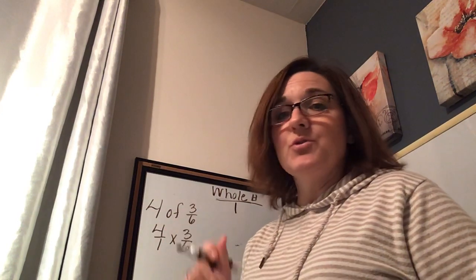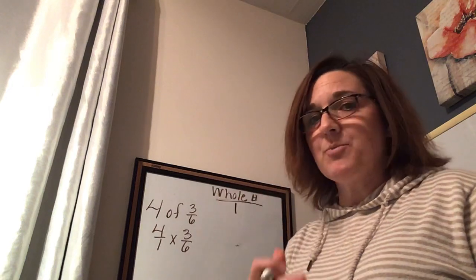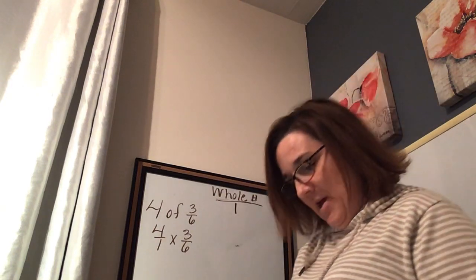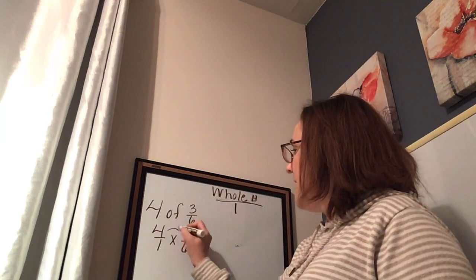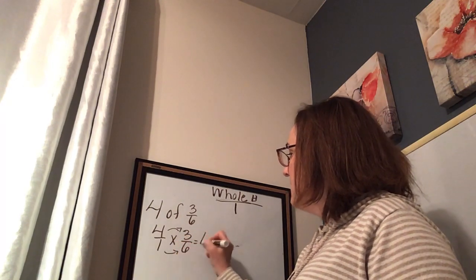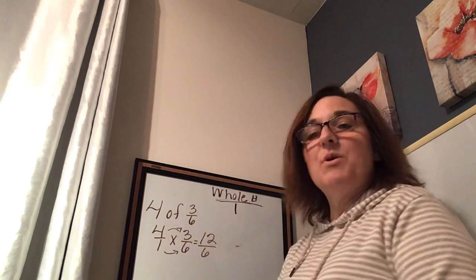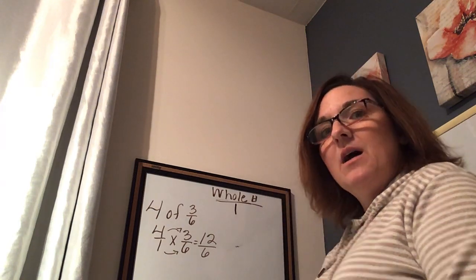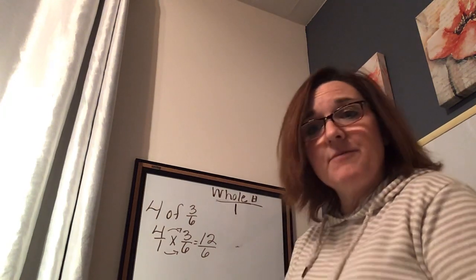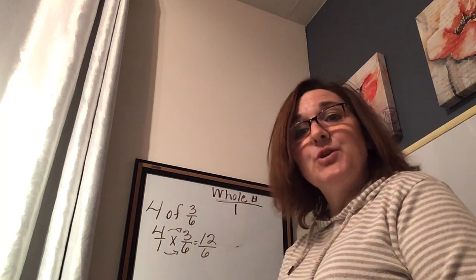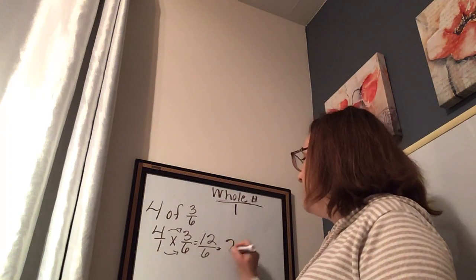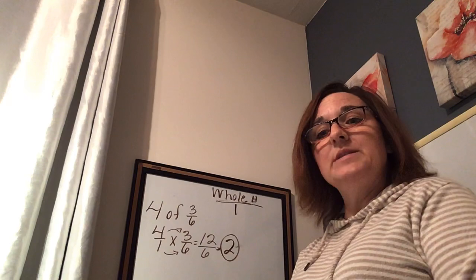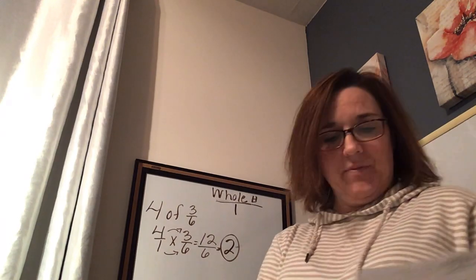Don't switch the order. Don't switch the top and bottom. Make sure the numerator and denominator is exactly the same. When you get this and you multiply straight across, you're going to get 12 over 6. And you're going to think to yourself, well, I can do that. I can divide. Sometimes it goes in evenly with nothing left over. How many times does 6 go into 12? 2. That's your answer. Nothing left over.